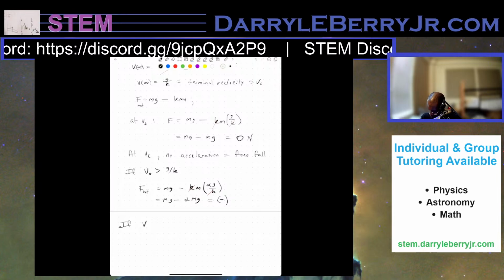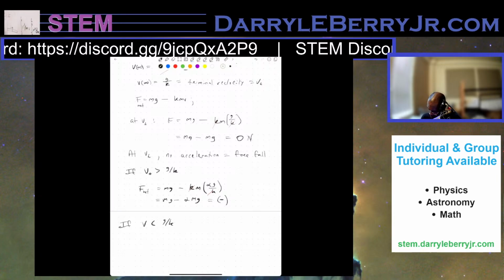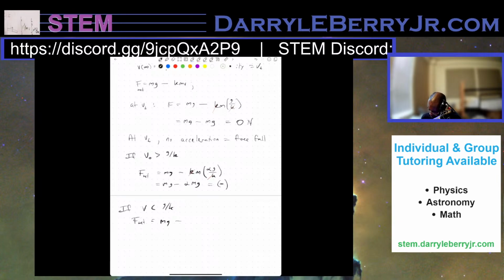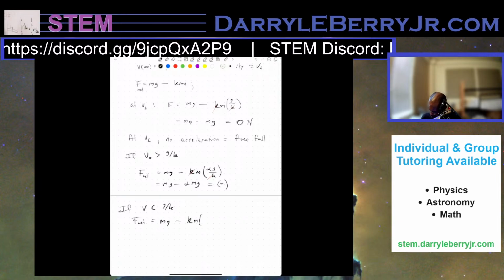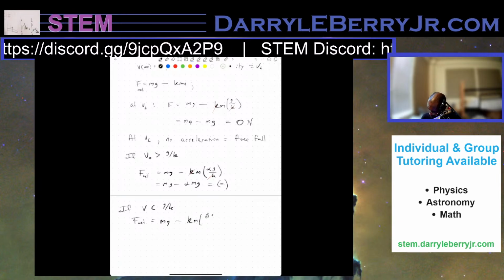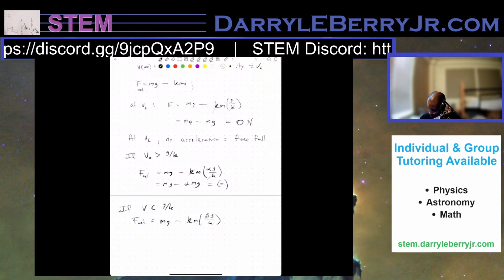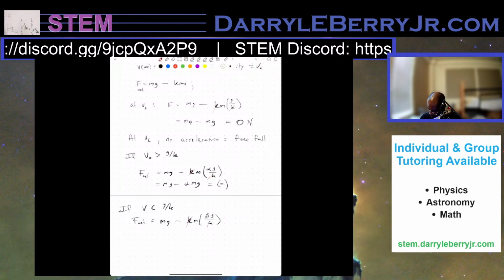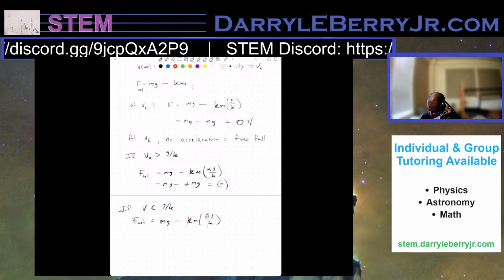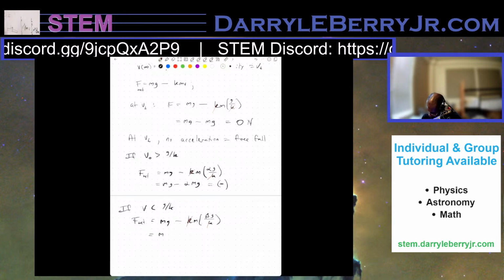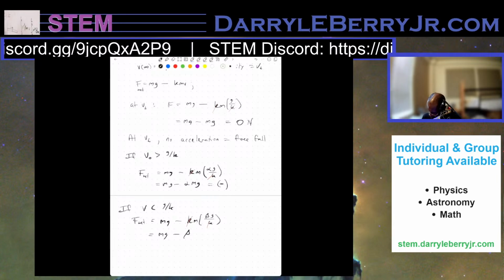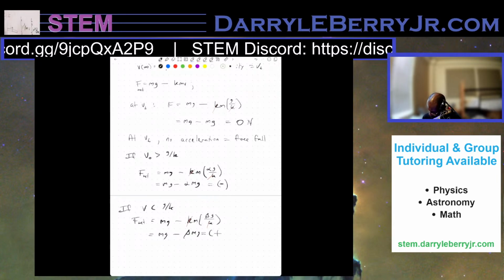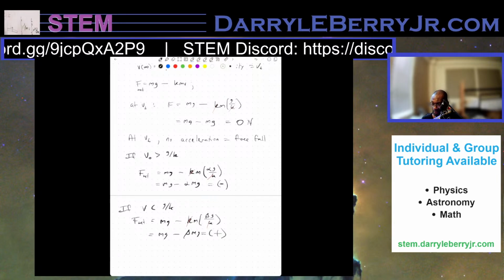If v is less than g over k, then F net equals mg minus km, we'll say beta g over k, equals mg minus beta mg, which is positive. So that means that it will be accelerating.